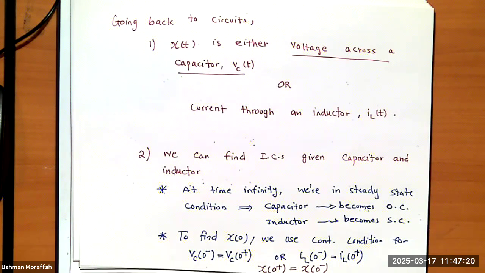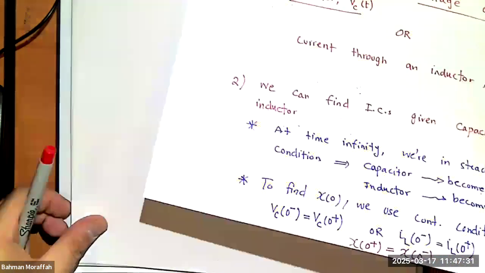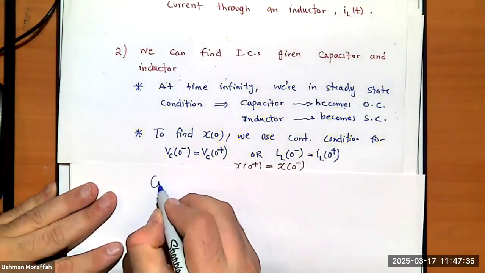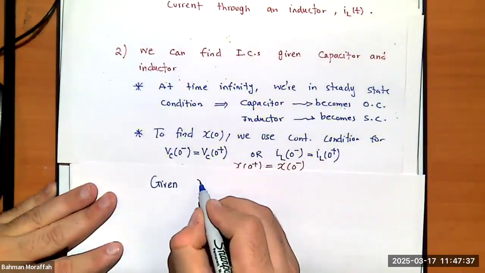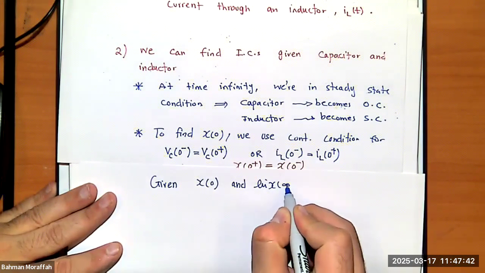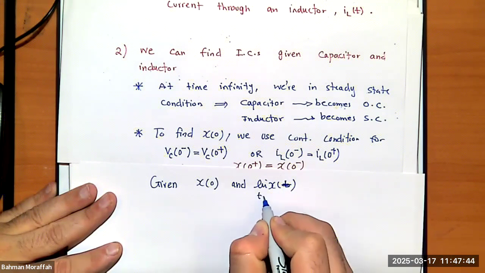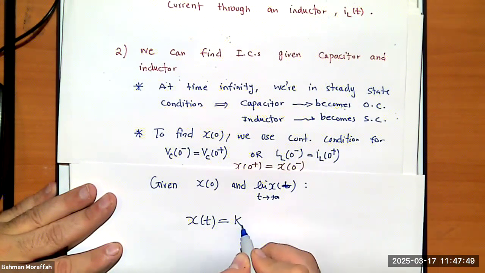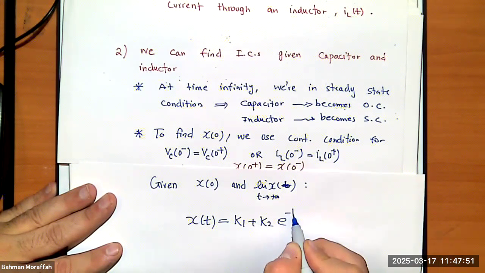And if I know this, what I'm claiming is that I know exactly what K1 and K2 are, right? Because remember, given x at 0 and x(t) when t goes to infinity, we know x(t) is k1 plus k2 e to the minus t over tau.